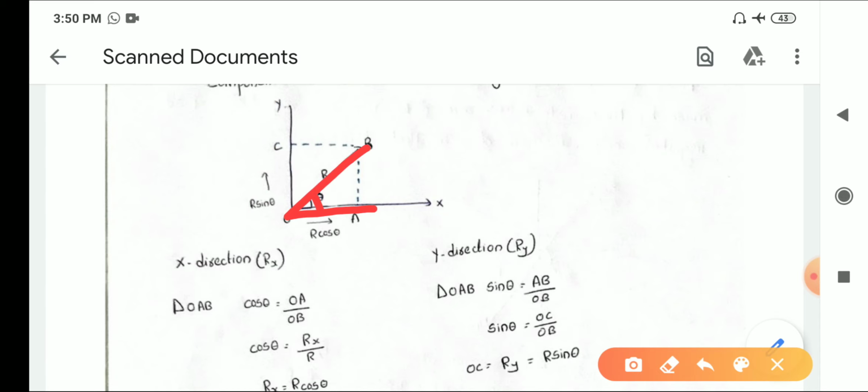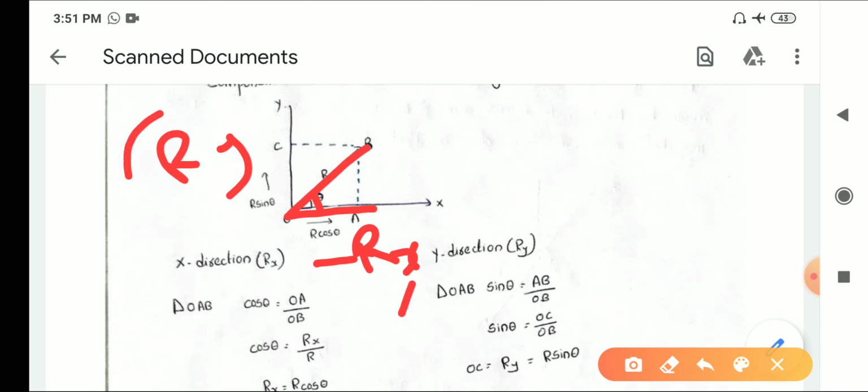So we have to find out what is the OA value. As OA is in x direction, I am naming it as Rx, which is R suffix x. That means the component of R in x direction. Similarly, in y direction I am naming it as Ry, that means the component of R in y direction.